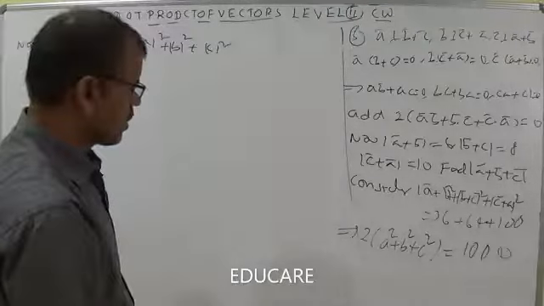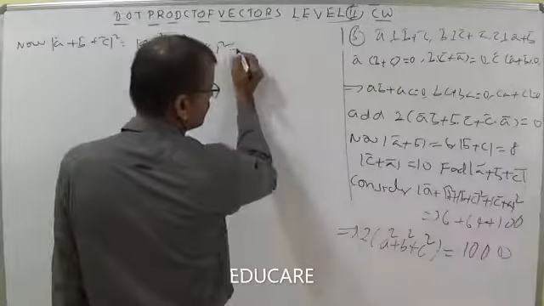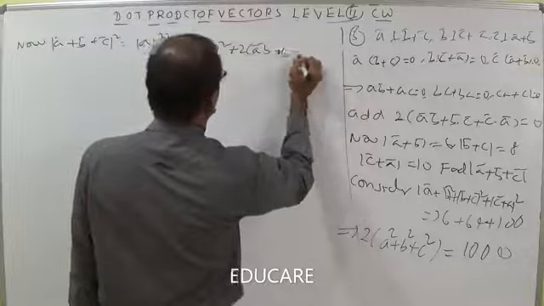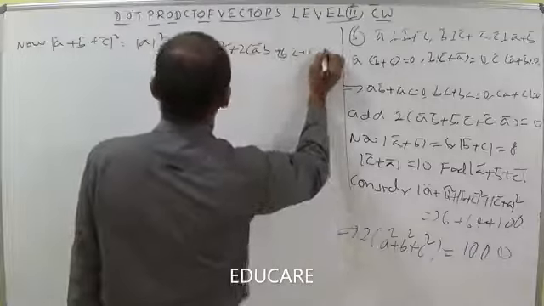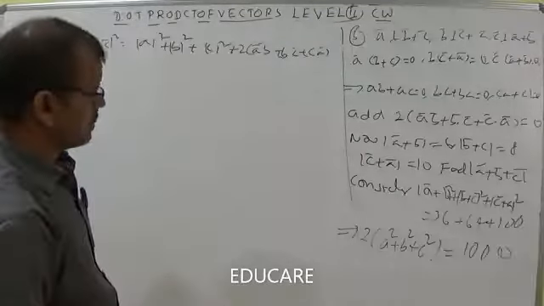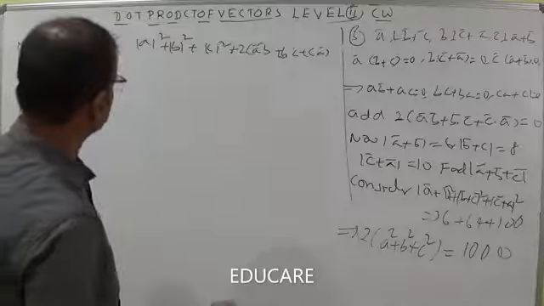Modulus of a square plus modulus of b square plus modulus of c square plus 2 into (ab + bc + ca). Modulus of a square, what is the value? It did not give. Modulus of a square plus modulus of b square plus modulus of c square.